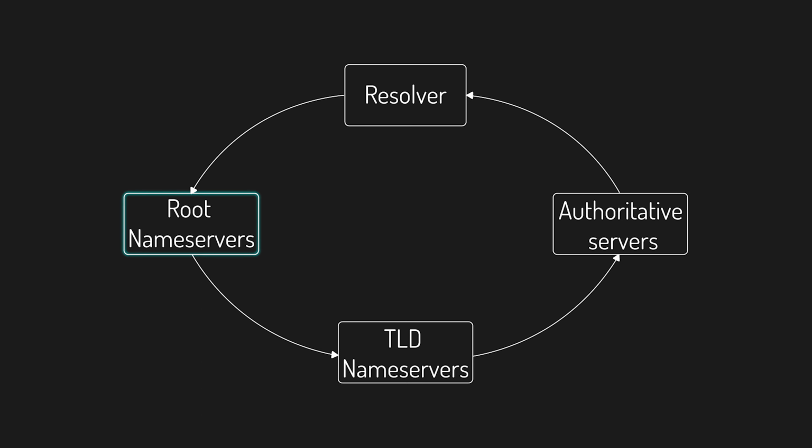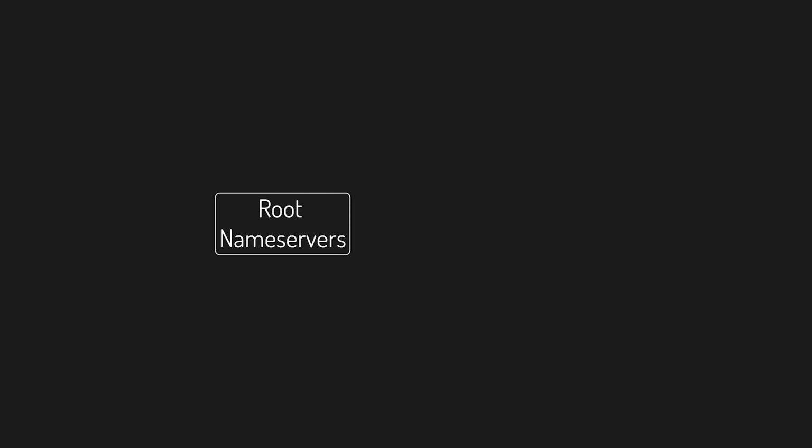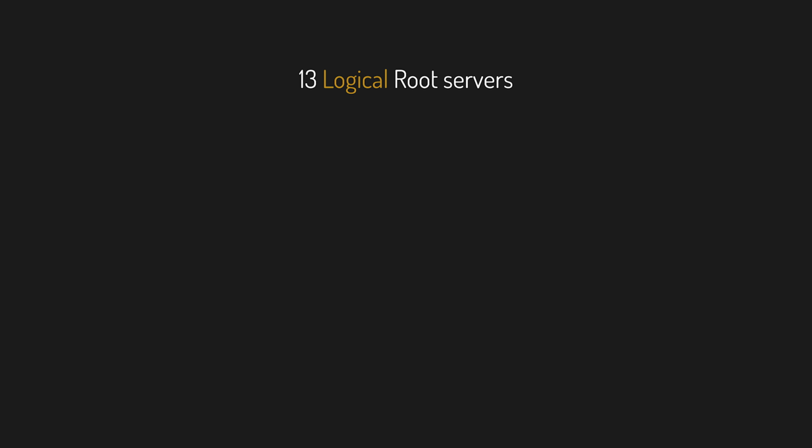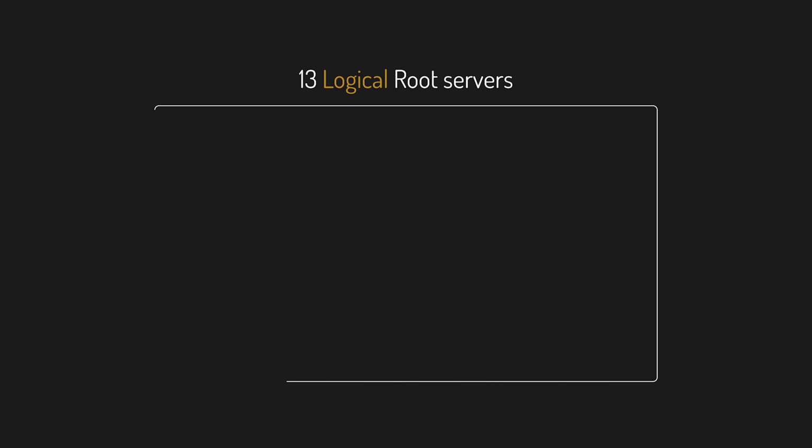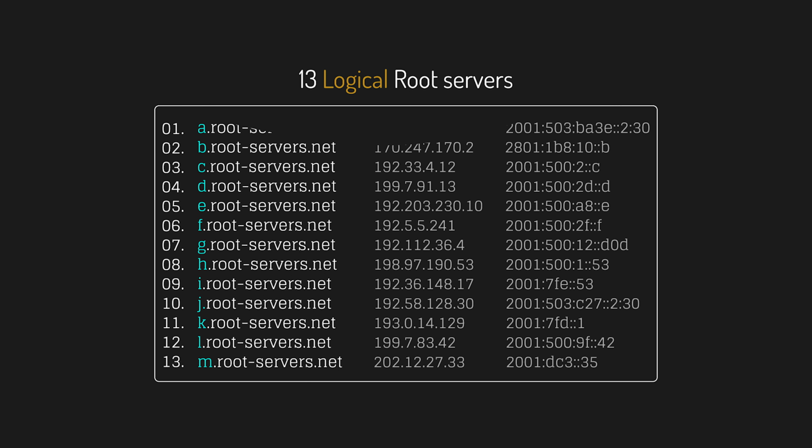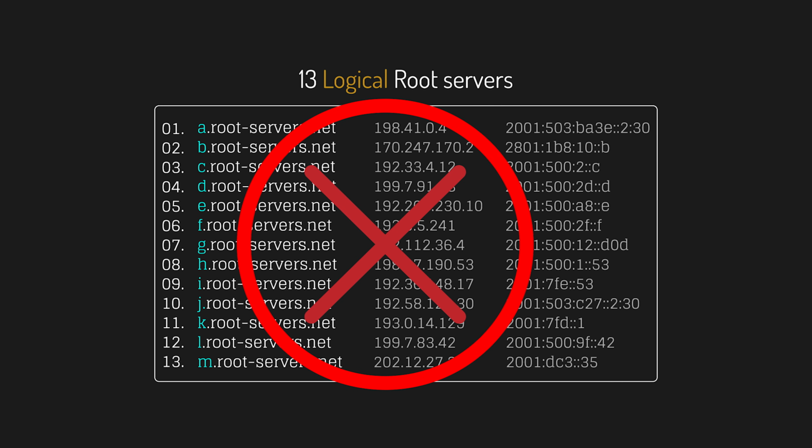Root servers are typically the first step in translating domain names into IP addresses. There are 13 logical root name servers. Each logical root server has a single IPv4 and IPv6 address assigned to it. So a common misconception is that we only have 13 root servers. That's not the case.